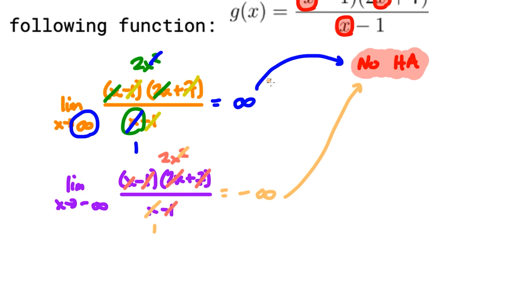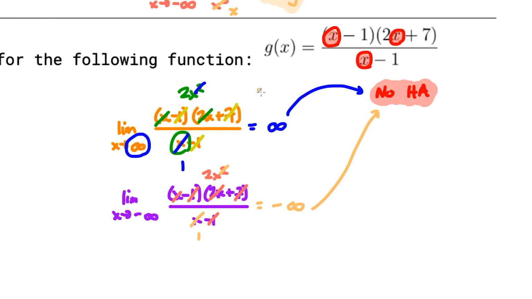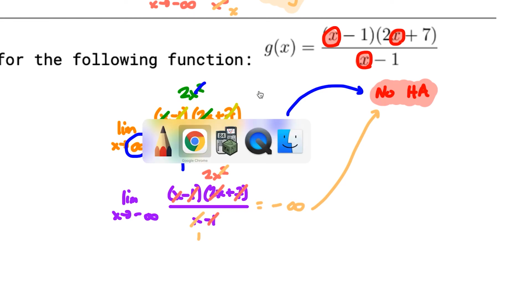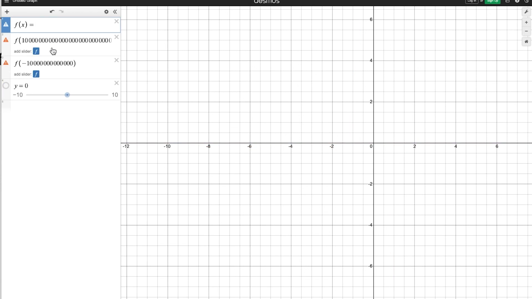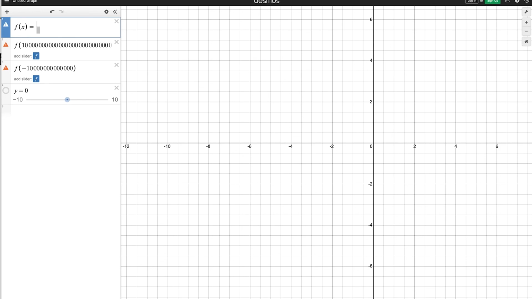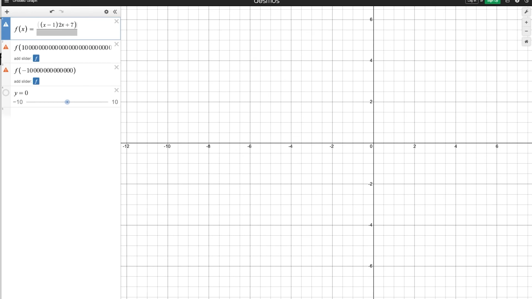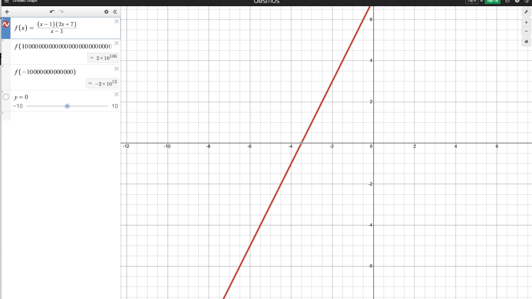Now, what does this look like as a graph? Well, let's check it out. So we are going to have x minus 1 times 2x plus 7, and then divide this by x minus 1.